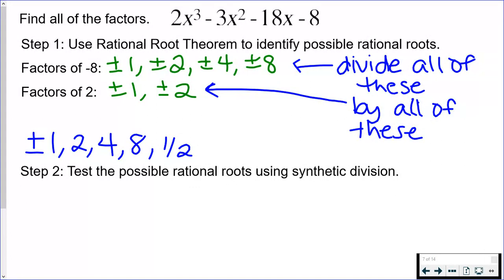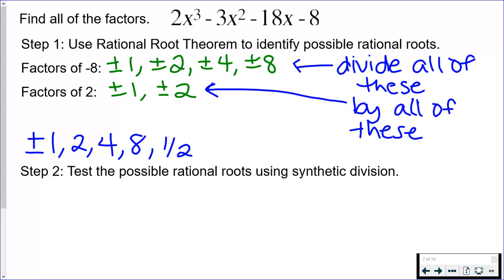The goal is to figure out my factors. And one way you can do that is to use synthetic division. Once you get a remainder of 0, you know that that number must be one of our roots, which is another word for x-intercepts.